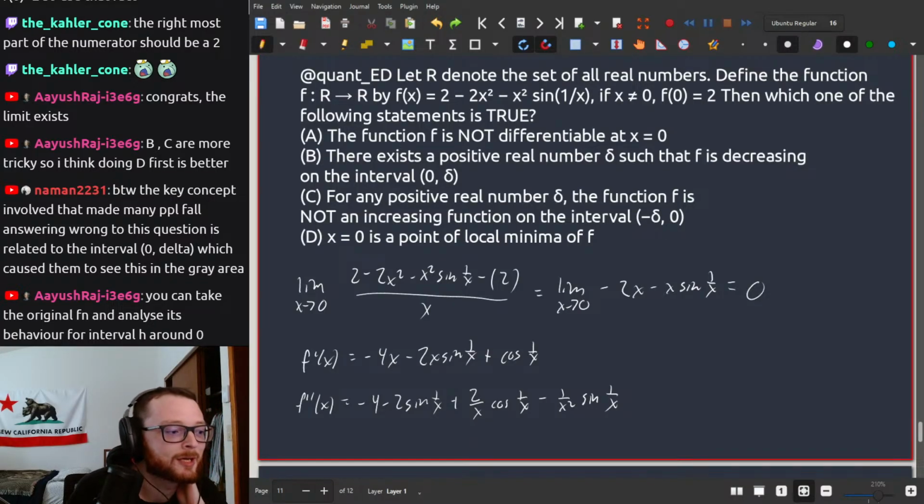Take the original function, analyze its behavior for interval h around 0. I don't know how. I honestly think I'm going to move on because there's another question that's waiting and I'd like to get to it. This question looked easier than it is.